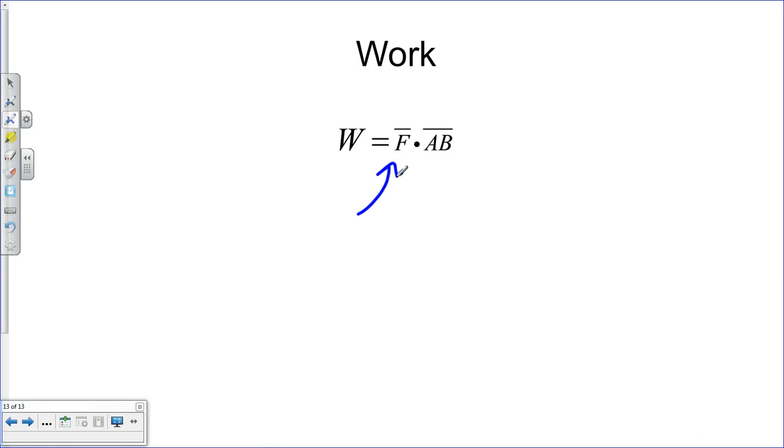Notice it's a vector because it has a bar on it. So F is there for force. So it's going to have an A and a B component, an I and a J component if you want to call it that. And we dot that with a direction vector. So this AB vector is the direction that the object is moving.